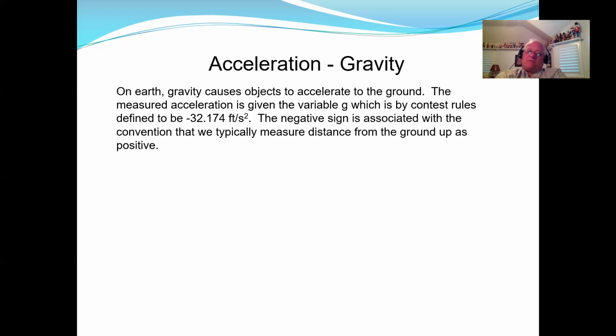So clearly, if I go somewhere else, if I go to the moon or Mars or Pluto, then the same rules apply in terms of acceleration, velocity, and distance traveled. It's just that I have a different gravitational constant, they call it, which is the acceleration due to gravity associated with those planets, which have different masses from the Earth.